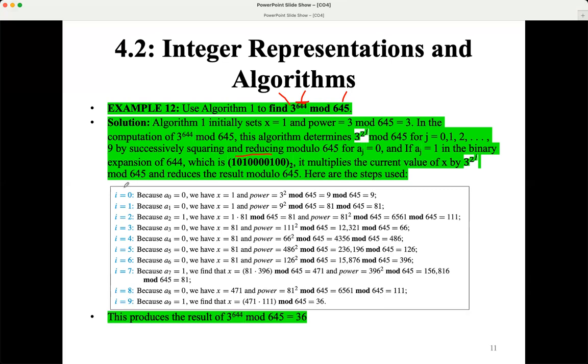So what is 3 mod 645? How do you divide it? What is the answer?